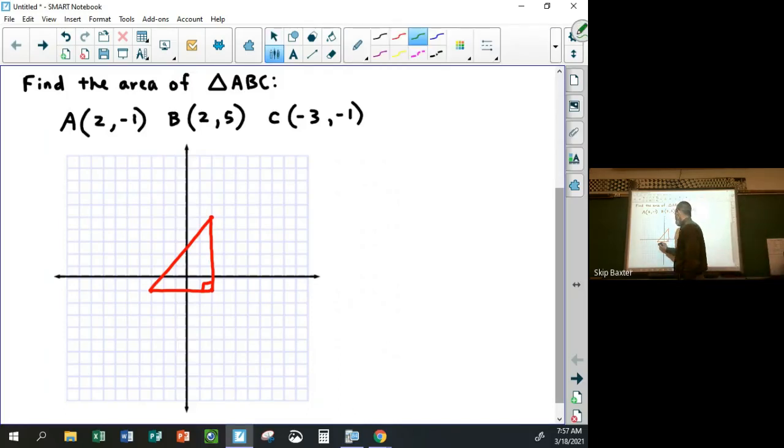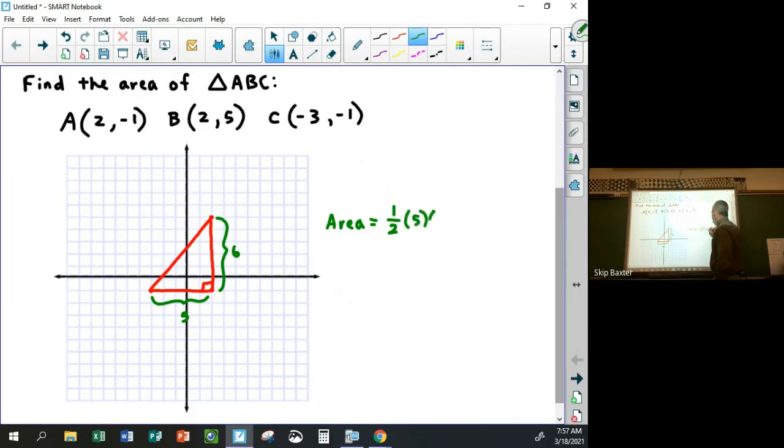You can count squares this way, and you see this has a length of 5. You can count squares this way, and see this has a length of 6. So the area would be 1/2 base times height, which is 1/2 of 5 times 6. Half of 30 is 15 square units. That's pretty easy.